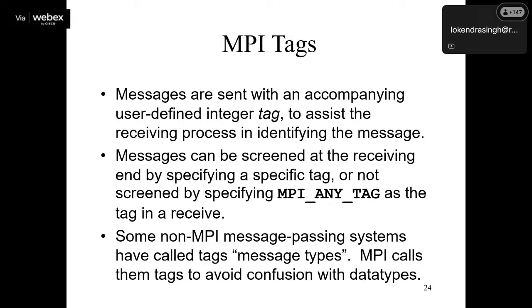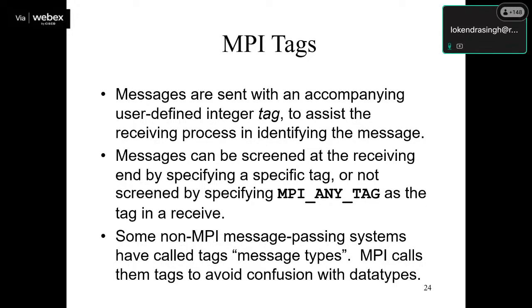Now MPI tags: how can you receive the tags? Messages are sent with an accompanying user-defined integer tag to assist the receiving process in identifying the message. Messages can be screened at the receiving end by specifying a specific tag, or not screened by specifying MPI_ANY_TAG as the tag in the receive.